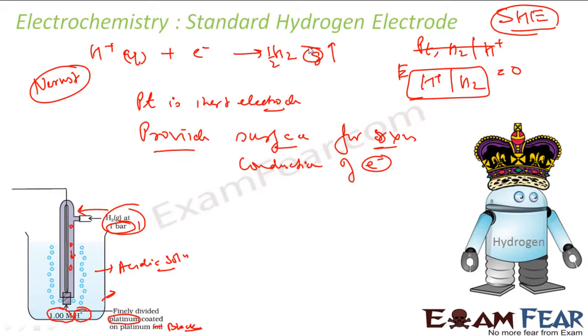And it also provides a mechanism for conduction of electrons. So that is my standard hydrogen electrode here. Correct? I have hydrogen gas here, the platinum rod, and this is the acidic solution H plus. So hydrogen gas becomes H plus.